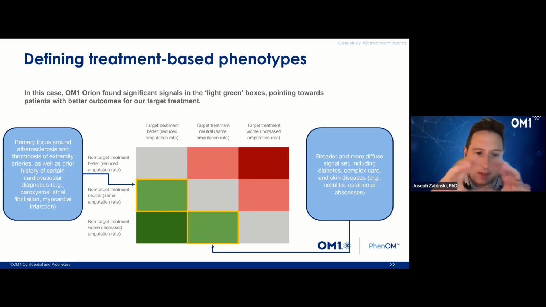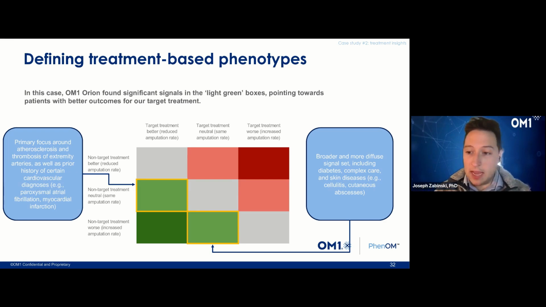Patients with a phenotype defined by some of those factors, and of course, I'm not doing justice to the phenotype, would really do better, when we looked at their data, with target treatment versus those exposed to non-target treatment. And this is informative because we can now say, okay, we have this phenotypic profile. People who look similar to that may want to think about one treatment option over another. Their physician may want to consider that a little more closely.